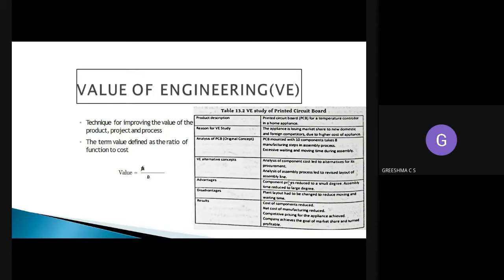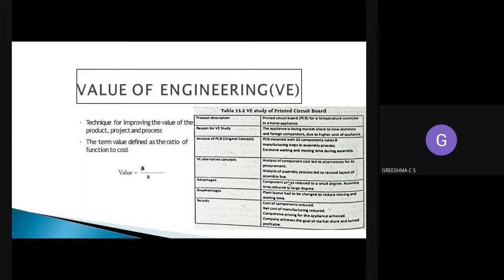Fifth stage is you have to find the advantages, that is the component prices reduced to a small degree and assembly time reduced to a large degree. So you have found an alternative method, and now we got a new PCB.